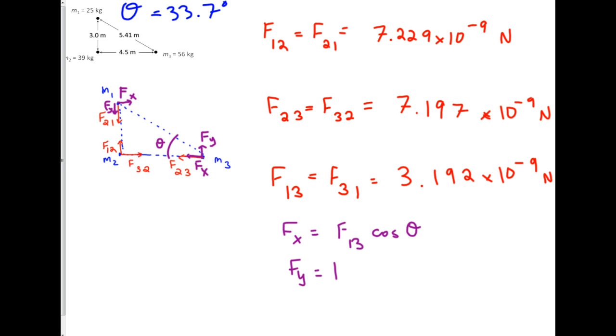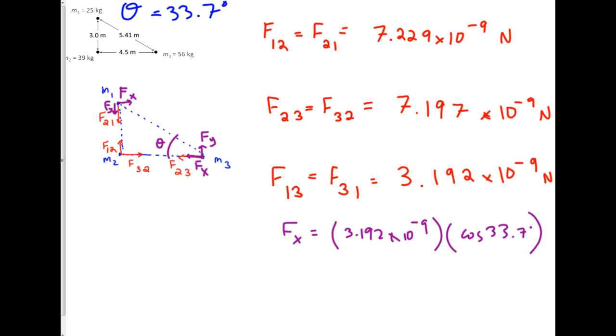First I'll do Fx, then I'll come down and do Fy. So here we go. Let me erase this. Okay. Fx is 3.192 times 10 to the negative 9 times the cosine of 33.7.